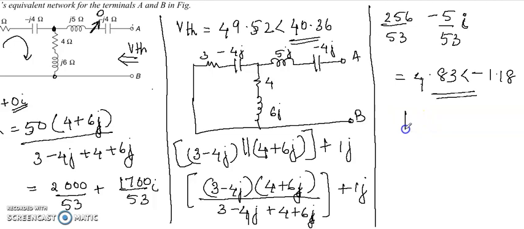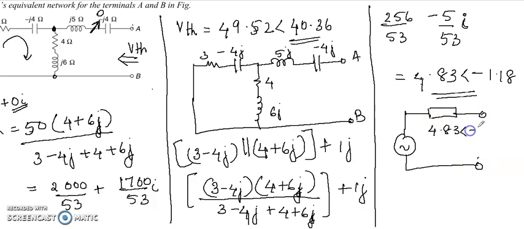Therefore, we can draw the equivalent circuit as a voltage source and impedance. This is 4.83 angle minus 1.18, and here it is 49.52 angle 40.36. That is the voltage source VTH and the RTH.